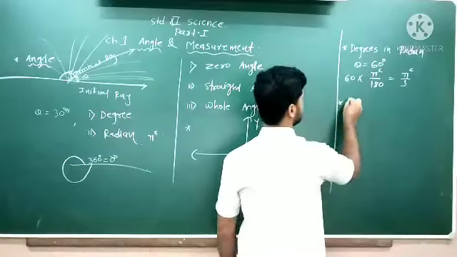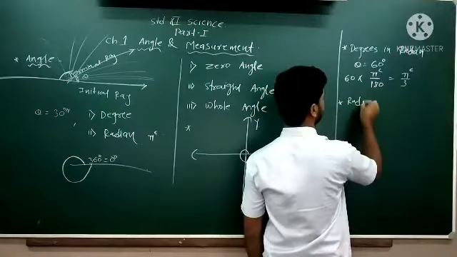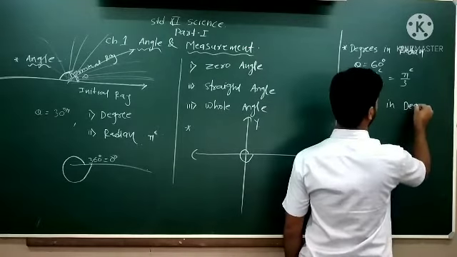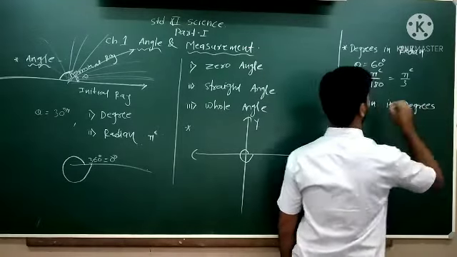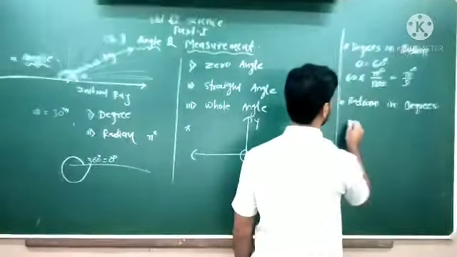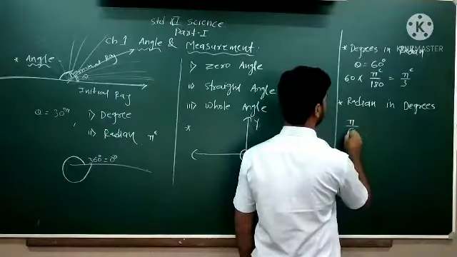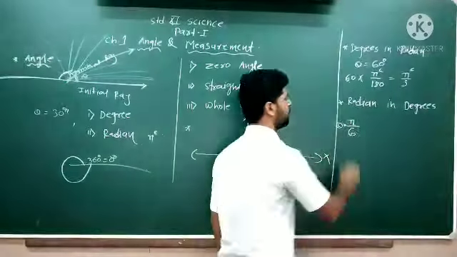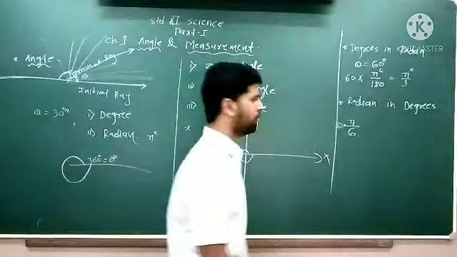Now second thing is radian into degrees. Suppose you have theta equal to pi by 6 and you have to convert that into degrees. So how to do that?